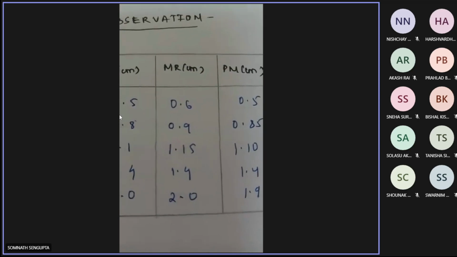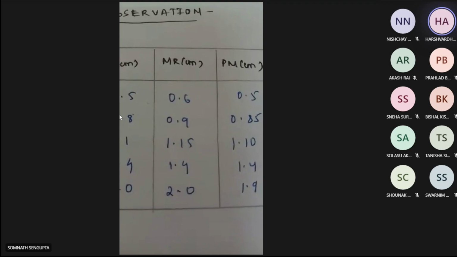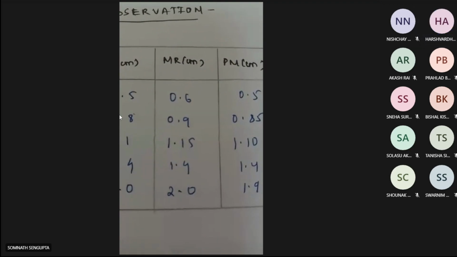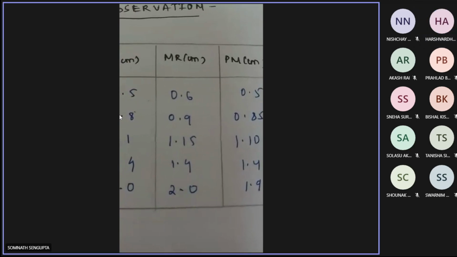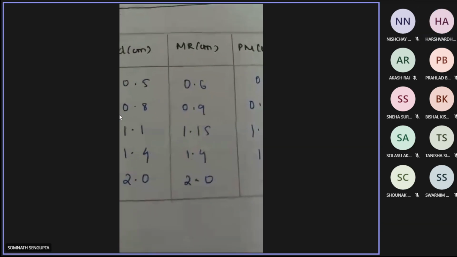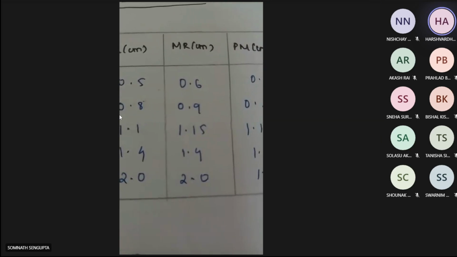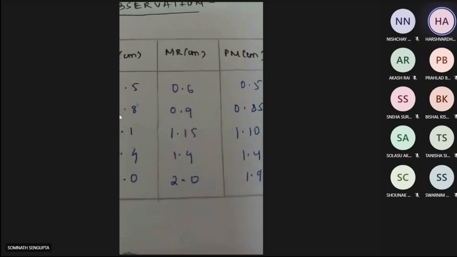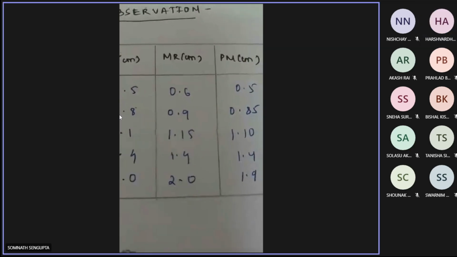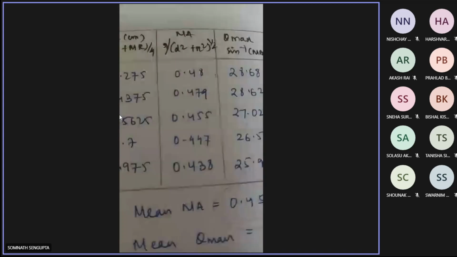And PM? Sir, 0.5, 0.85, 1.10, 1.4, 1.9, sir. And D distance? Yes, sir. 0.5, 0.8, 1.1, 1.4, 2.0. And all are in what unit? Centimeter.